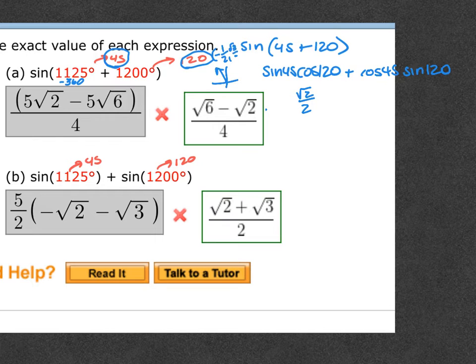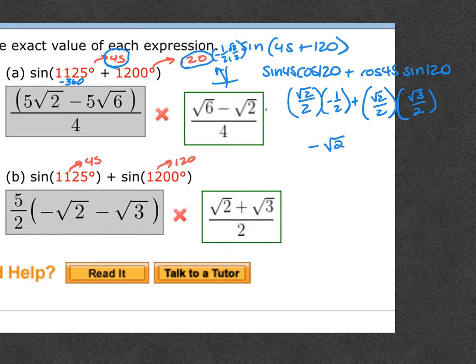And sine of 120 is root 3 over 2. So the cosine there is negative 1/2. Cosine at 45 is root 2 over 2. Sine at 120 is root 3 over 2. And I get negative root 2 plus root 6 all over 4, which could be switched like that.